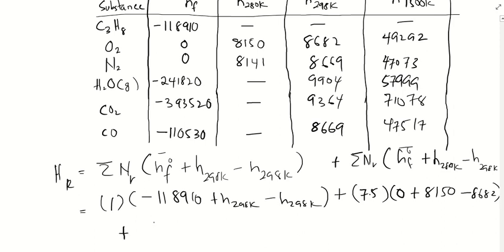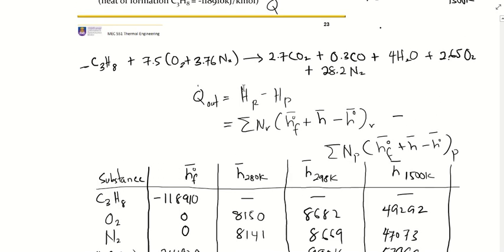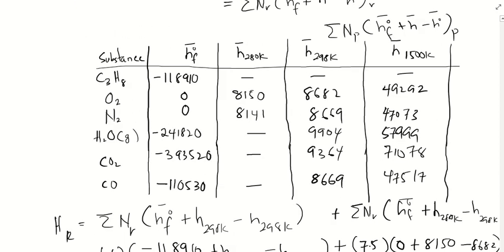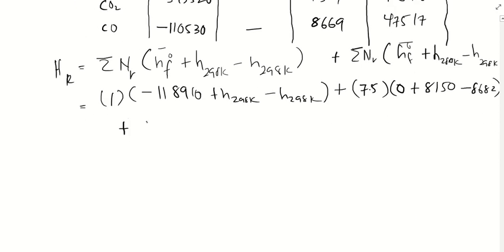So next is nitrogen, because nitrogen is also part of the reactant. So if we look here, 7.5 multiplied with 3.76, and similar with this one, because nitrogen also occurs at 300 Kelvin.